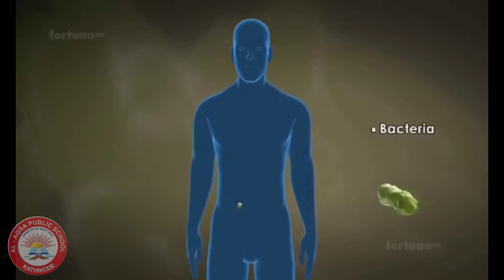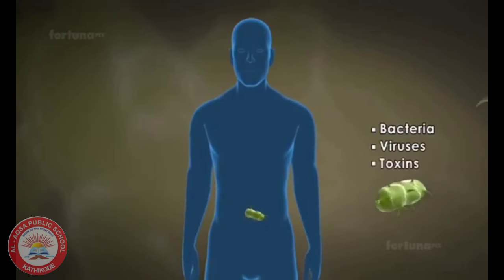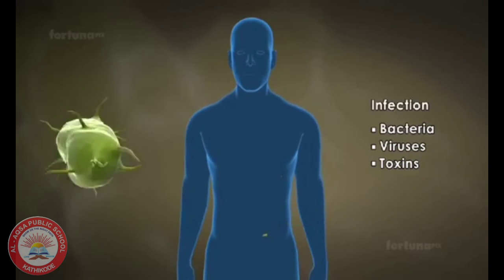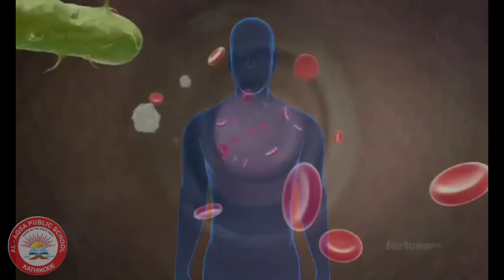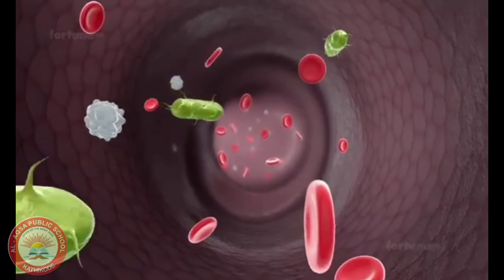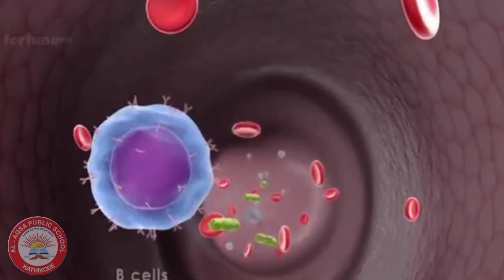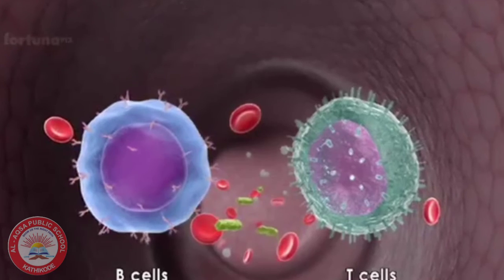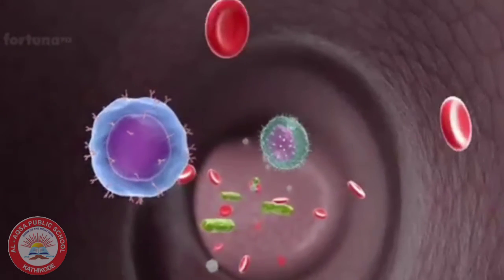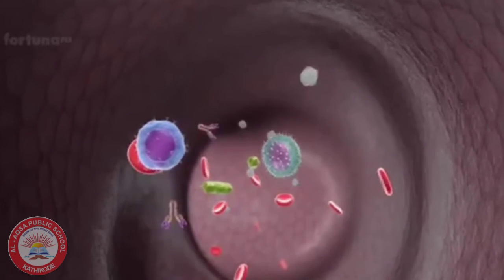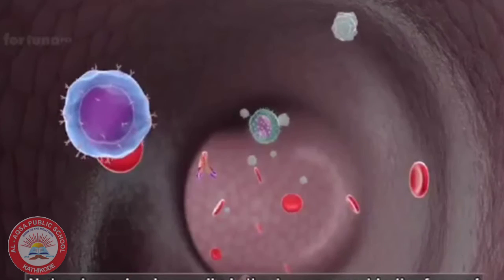When an infectious microorganism like bacteria or virus or other toxins enter our body, our immune system becomes active. The white blood cells will start destroying the infectious microbe by producing antibodies.